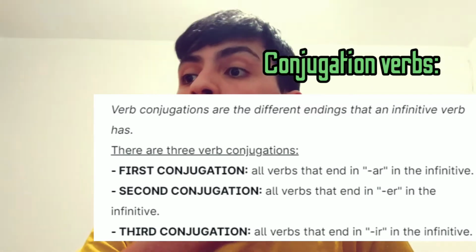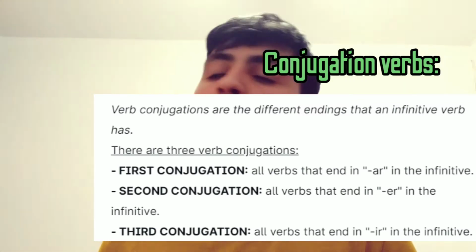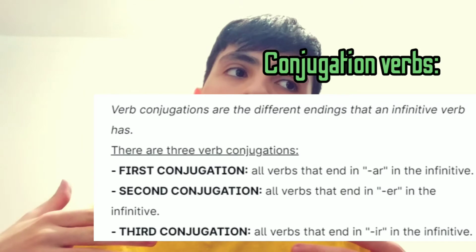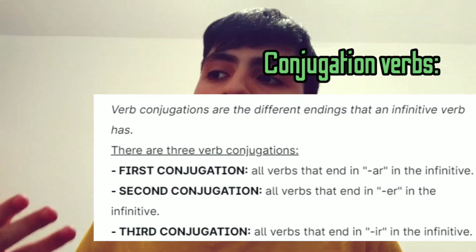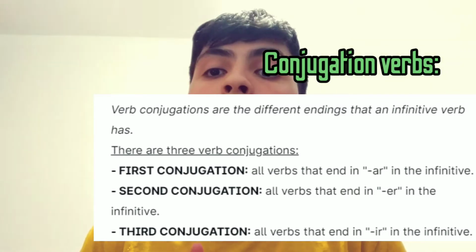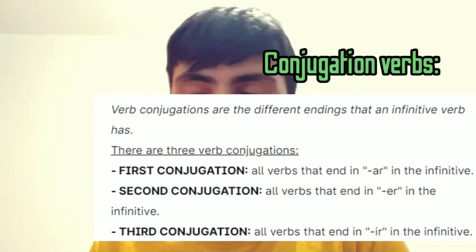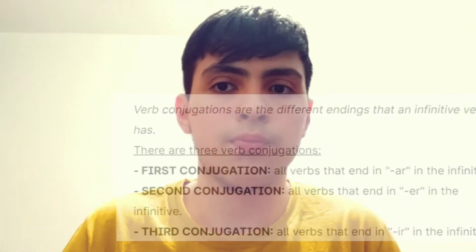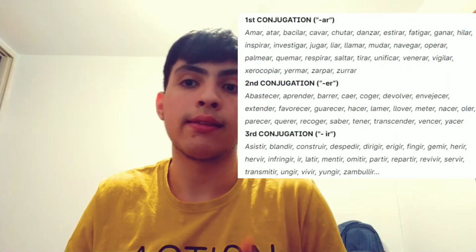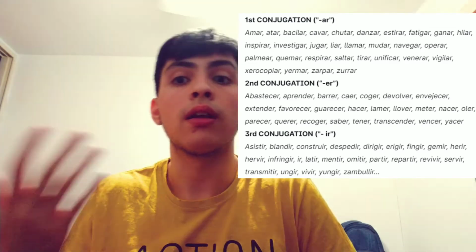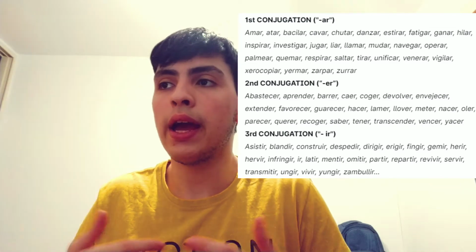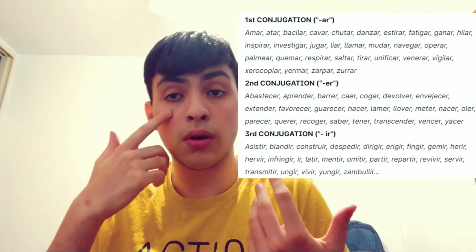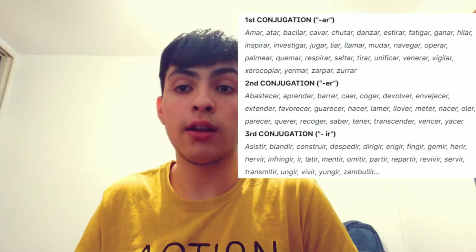And the third conjugation, all verbs that end in "ir" in the infinitive form. Here I will post an image with examples for the first, second, and third conjugation, and I will try to pronounce some of them for you.